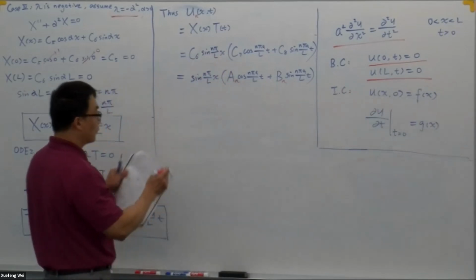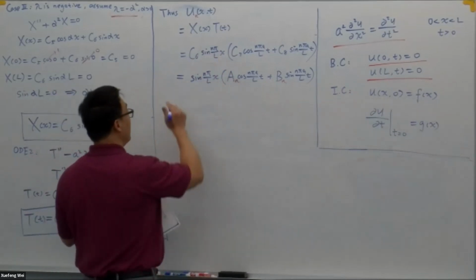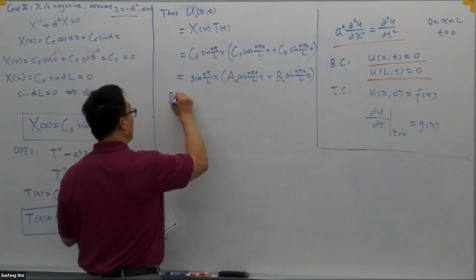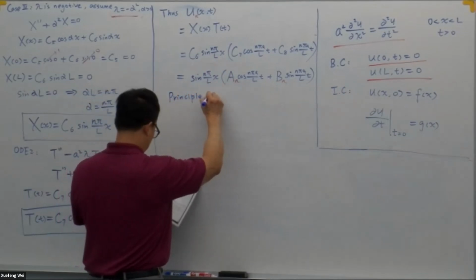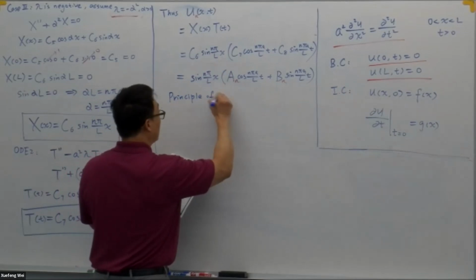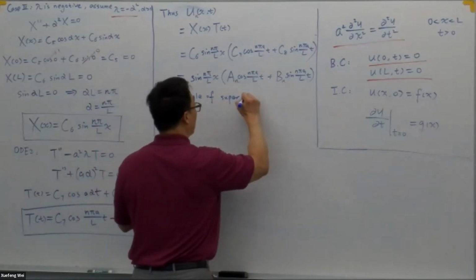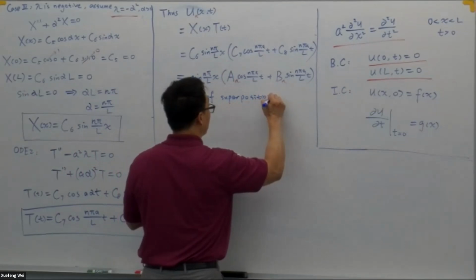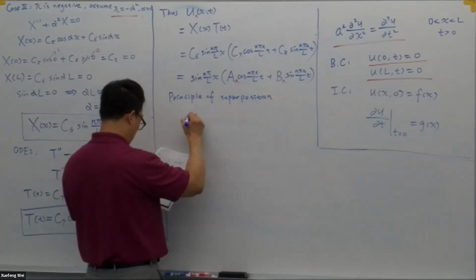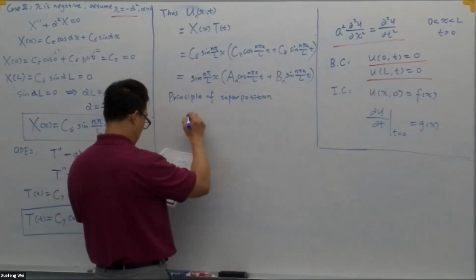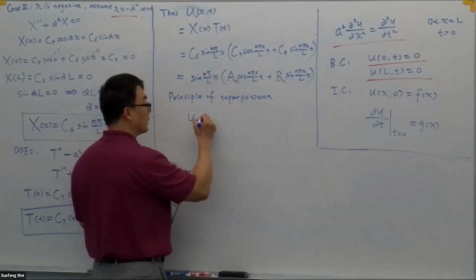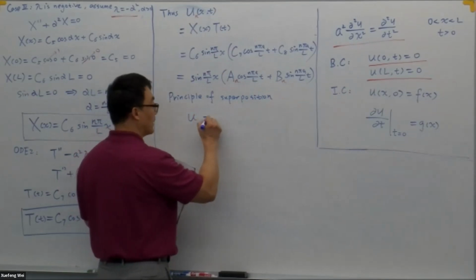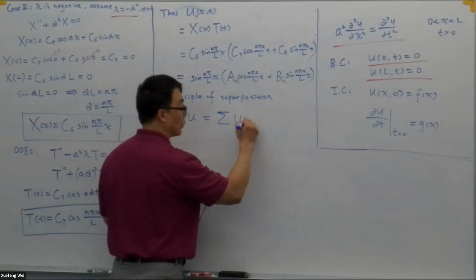Remember, we are going to use the principle of superposition. Superposition means u can be written as a summation of all these u_n.